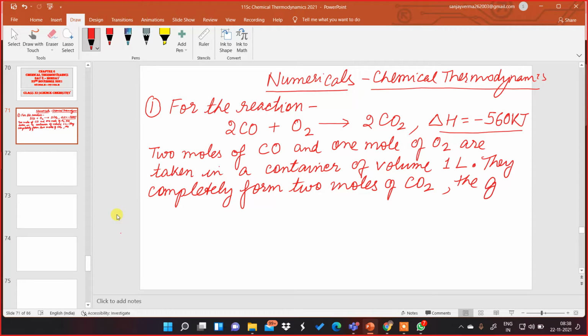The gases deviated appreciably from ideal behavior.